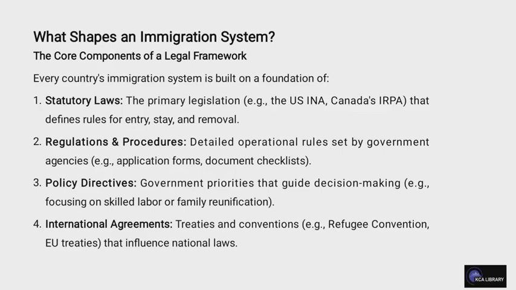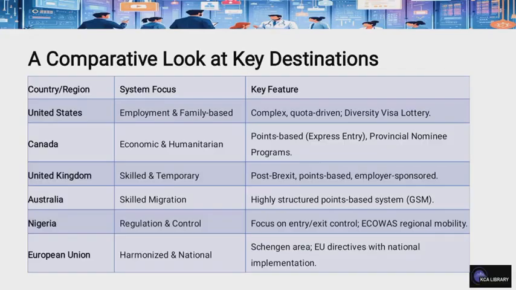We also have policy directives, which are government priorities that guide decision making, like focusing on skilled labor or family unification. And lastly is international agreements, which are treaties and conventions, such as the Refugee Convention and the EU treaties, that influence national laws.